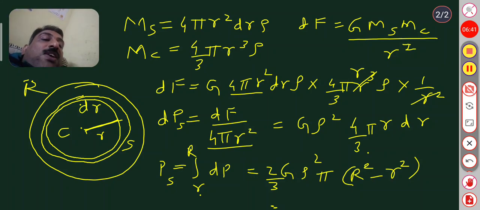If you want to find the pressure at the center, then put r equal to 0, that is at the center.